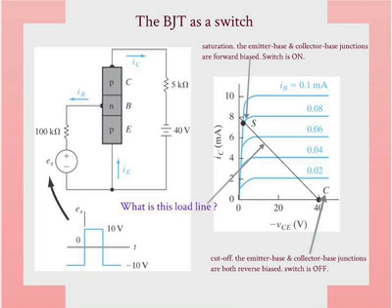Now how do you get the point S? Before I go on, let me clarify that. When these two junctions are reverse biased, the current is not necessarily zero. If you want to be accurate, it is the I_SAT, the small reverse saturation current.